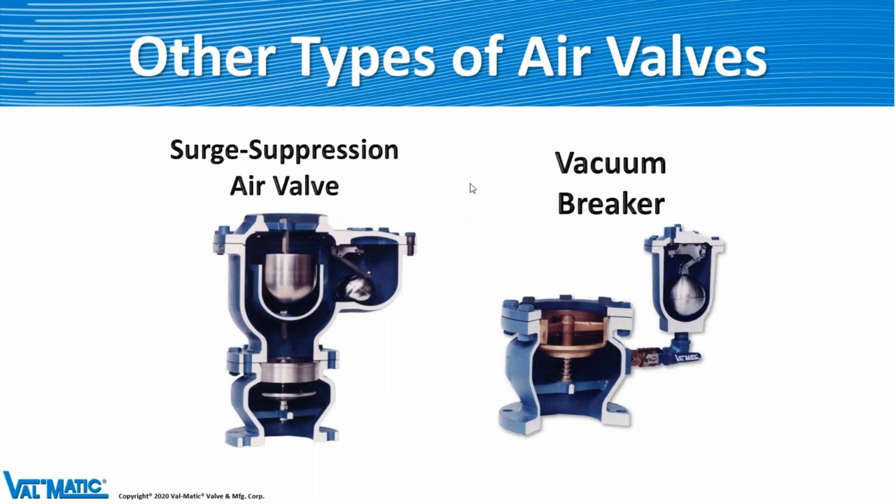Surge suppression air valves. Basically, if in your piping system you know you're always going to get surges, mainly from air, this might be the valve to put in an application like that, because it is set up to help reduce that surge in your pipeline so you don't get a lot of damage.